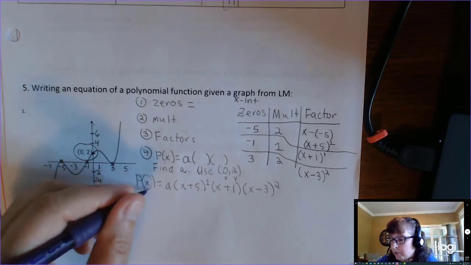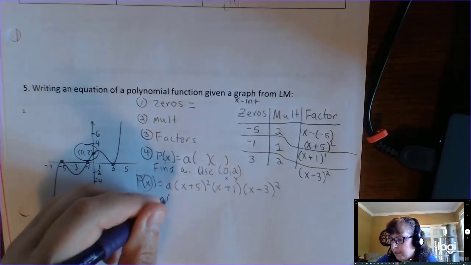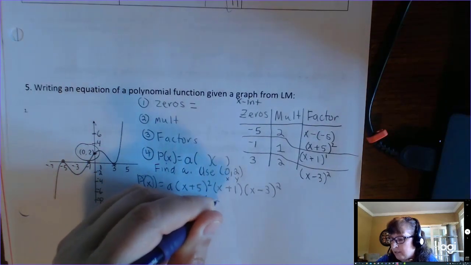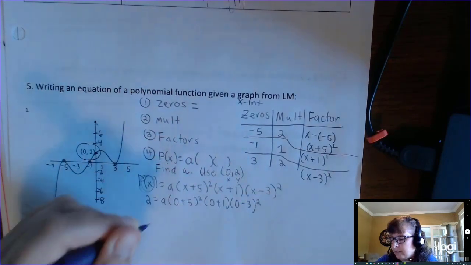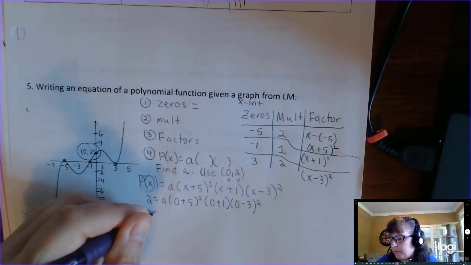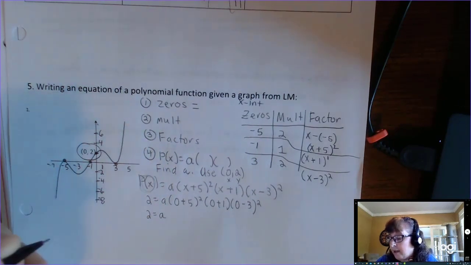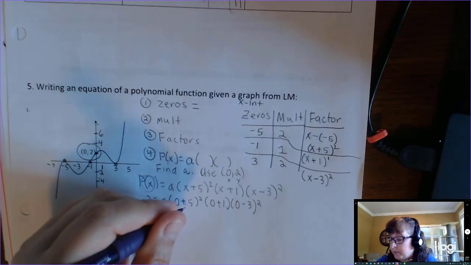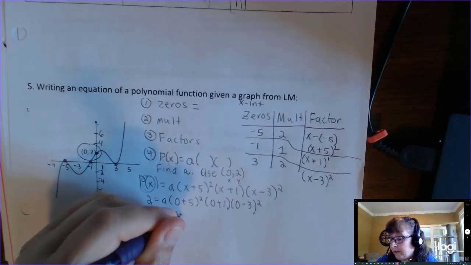So don't get it backwards. This is y, so 2 would go in here and 0 would go in for x in all the places that you see x. Many times people make a mistake with the arithmetic here, so use your calculator if you need to, but for this one, I'll just go ahead and do it. 0 plus 5 is 5. 5 squared is 25.